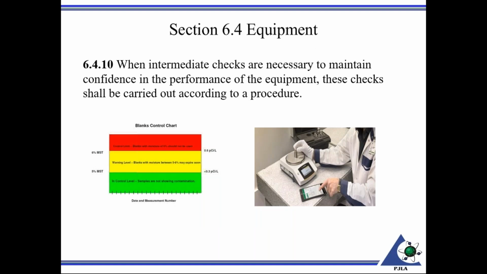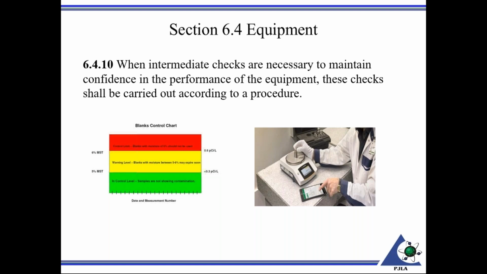When intermediate checks are necessary to maintain confidence in the performance of equipment, these checks shall be carried out according to a procedure. We mentioned often we have over there like blanks, control charts. Often it could be built right into the testing protocol, where you're checking the testing perhaps with a sample.